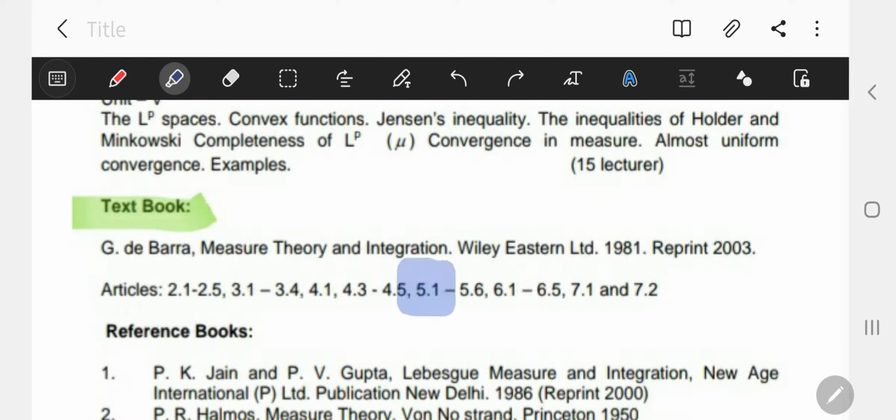Now from chapter 5, Abstract Measure Spaces, article number 5.1 to 5.6. From chapter 6, Inequalities and LP Spaces, articles from 6.1 to 6.5. And from the last chapter, that is chapter 7, Convergence, articles 7.1 and 7.2.